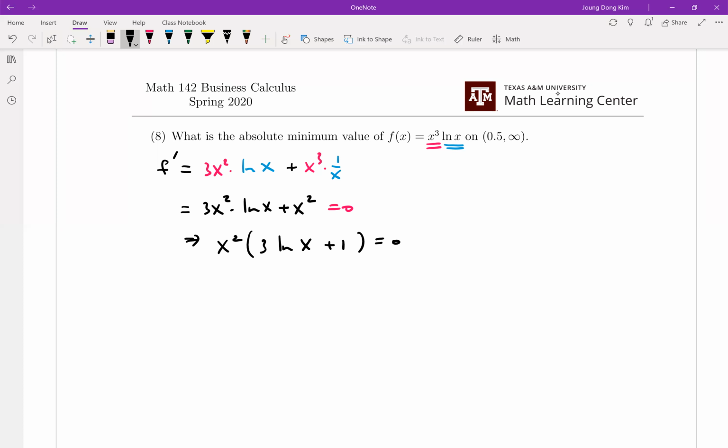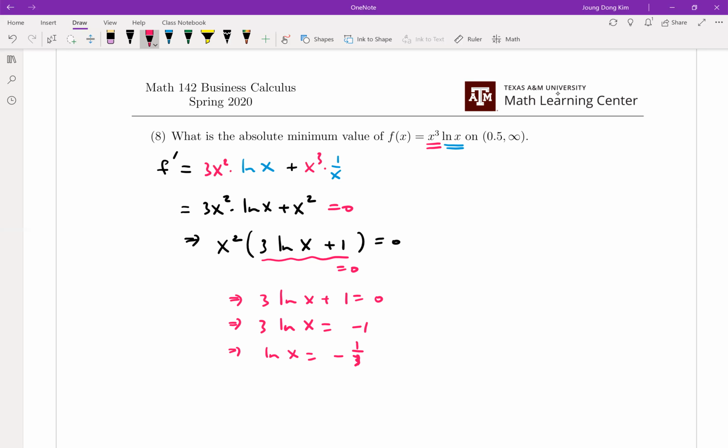So we have to set this part equal to 0, which means 3 ln x plus 1 equals 0, and minus 1 on both sides. 3 ln x equals negative 1, divided by 3 on both sides. ln x must be equal to negative 1/3.